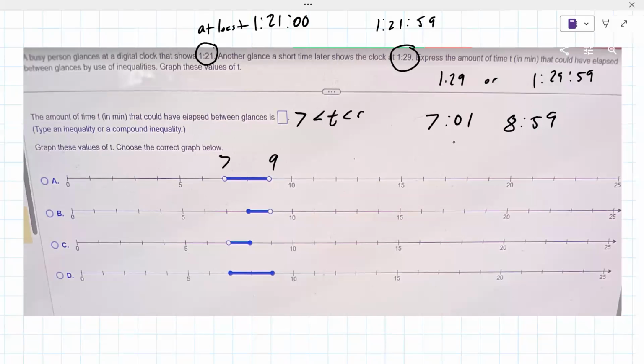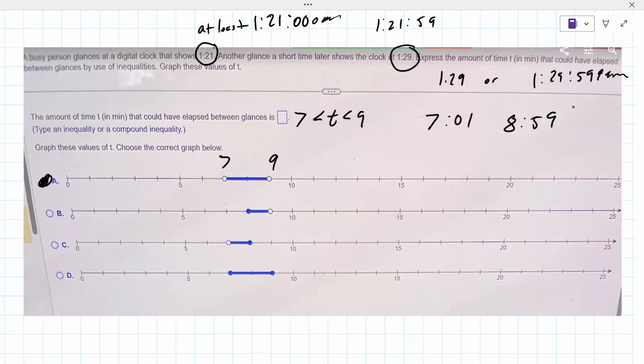Not meaning 129 on the dot or 129.59. We know it's not 130, but it's right up to 130. It's 59.99999, and it's 0, 0, 0, 0, 0, 0, 1, but we don't know exactly where. So it is this letter A.